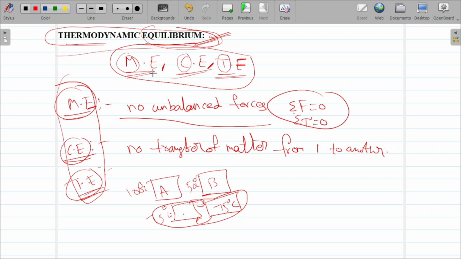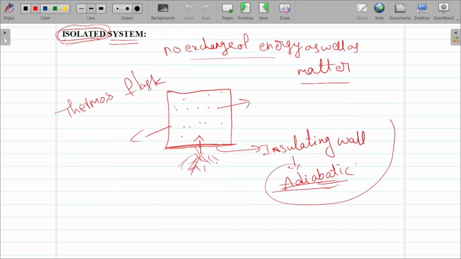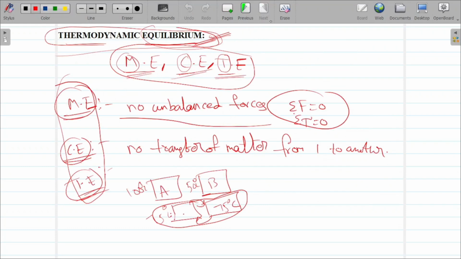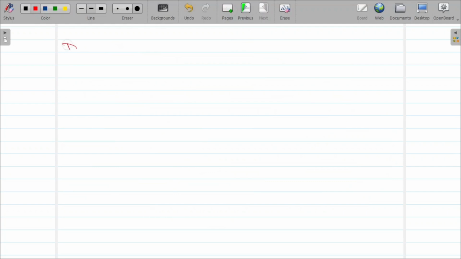Okay, clear? Right. So we discussed just before that an insulating wall is called adiabatic. Adiabatic wall is just the opposite. Then there is one more, called the diathermic wall.